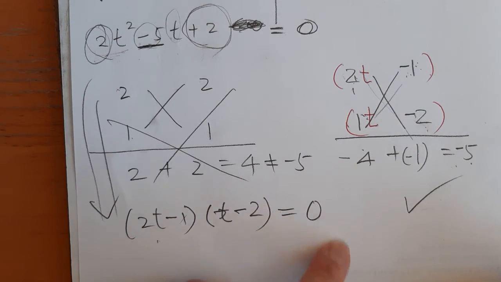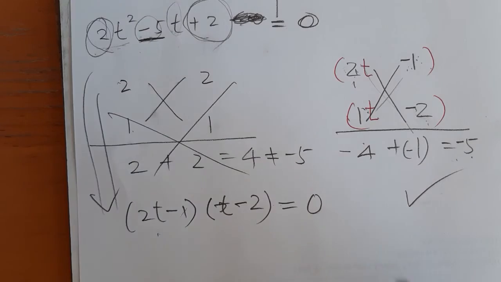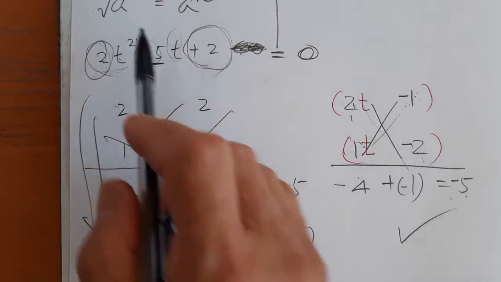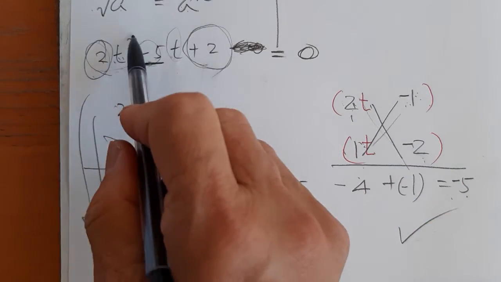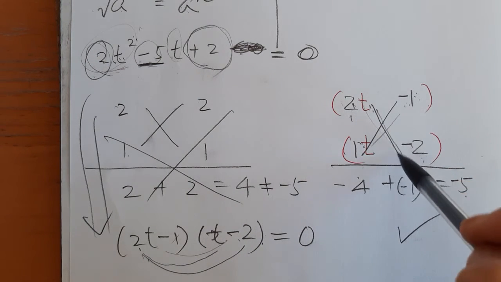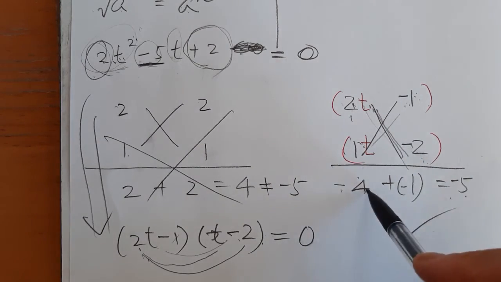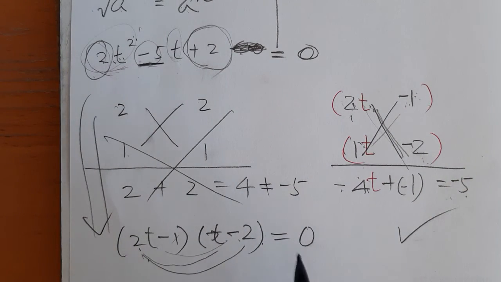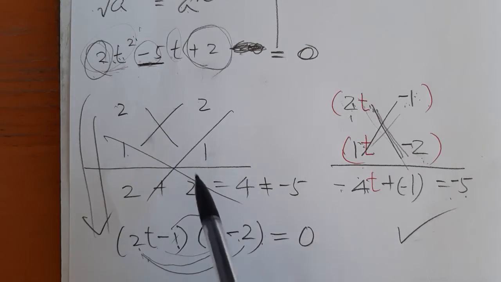I solve for equal 0 first. You can check it by the FOIL method. 2t times t is 2t squared, which is this. FOIL, first term product, 2t squared. Outer term product, 2t times negative 2 is negative 4t, which is here. And inner term product, negative 1 times t is a negative t.